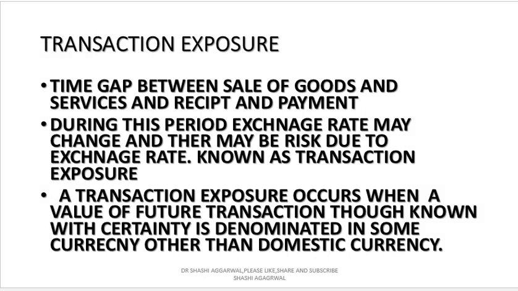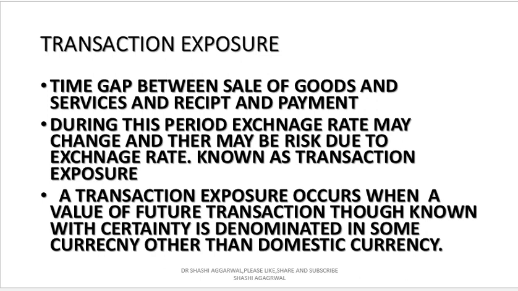First is the transaction exposure. Like we are making sales and purchases, we are making payments, we are getting payments, we are getting some loan and making the repayment, or we are lending to some foreign concern and getting the repayment. So in this transaction, the transaction exposure is present.